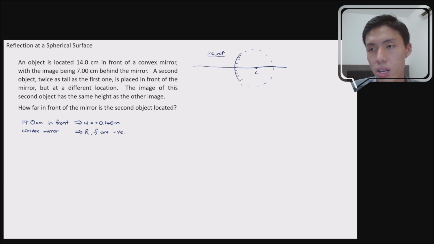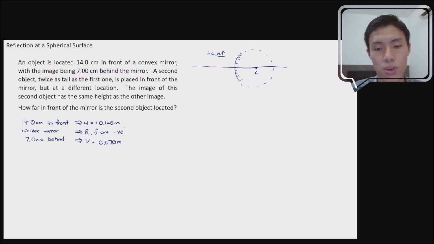Continue. The image is 7 cm behind the mirror. This is where the image will be formed. So this will be the image distance v, and it's 7 cm, so it's 0.070 meter.